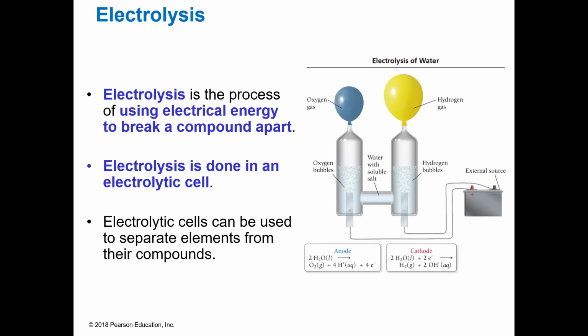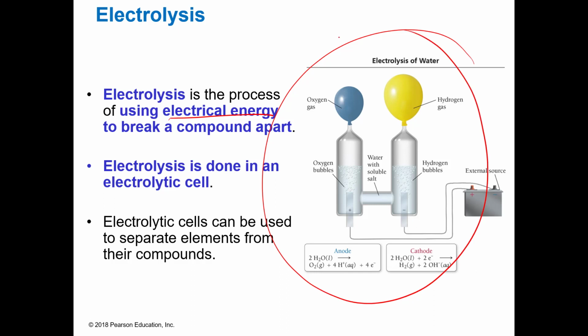So electrolysis literally means breaking apart with electricity. You're using electrical energy to break the bonds in a compound, and it's done in an electrolytic cell. A lot of times we use electrolytic cells to separate things from each other. For example, you can electrolytically separate water into hydrogen and oxygen.